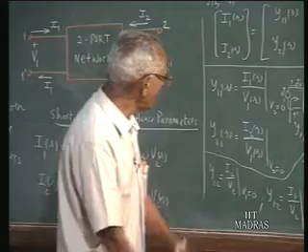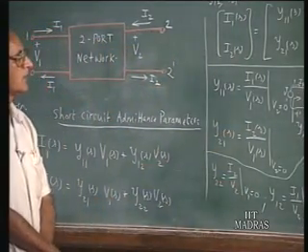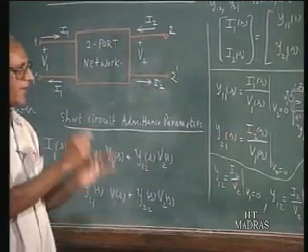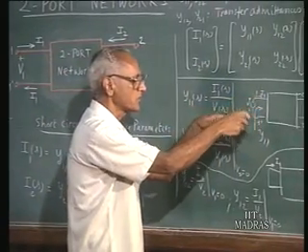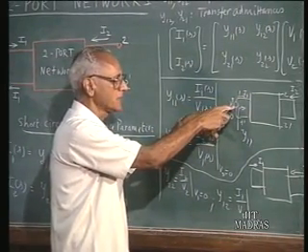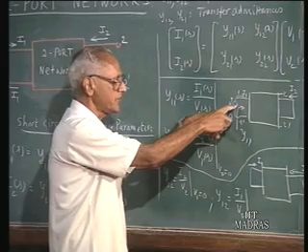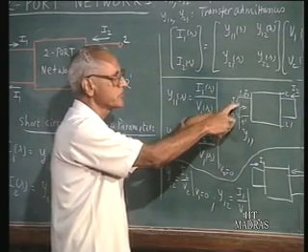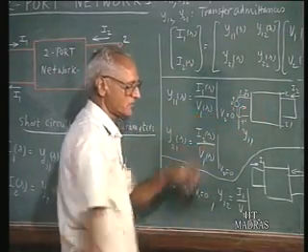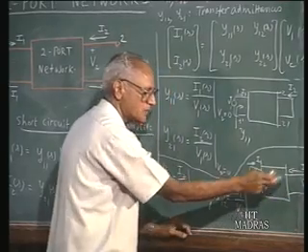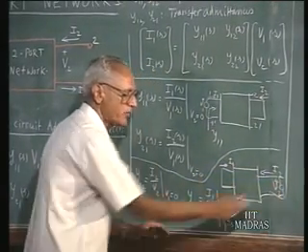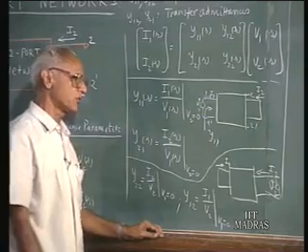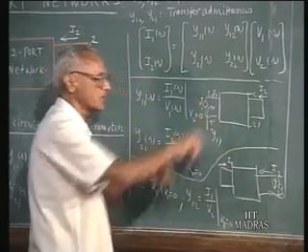Now, in all these definitions, you observe that the natural form of the network is when both ports are short circuited. You are introducing a voltage V1 here, and when this V1 is deactivated or reduced to 0, this is a short circuit, and this is also a short circuit. Similarly, here you are finding the response of I1 and I2 when a voltage is introduced. So, when the voltage is removed or made equal to 0, both the ports are short circuited.